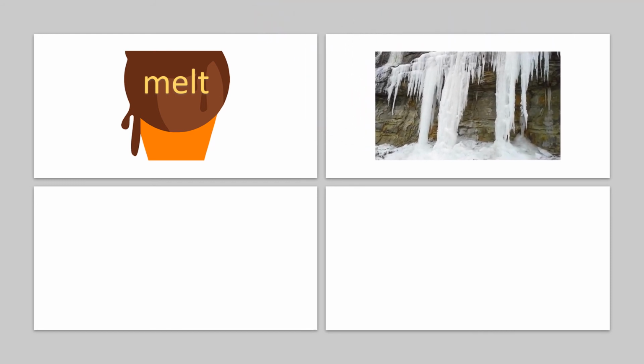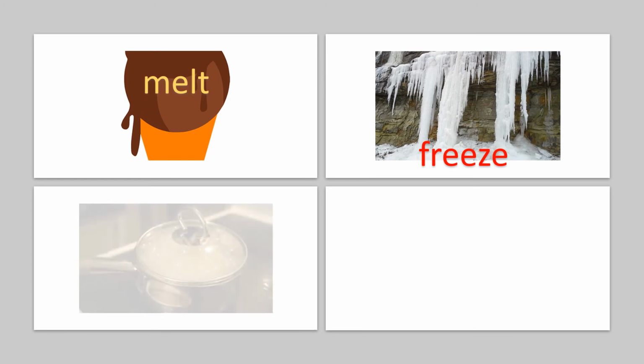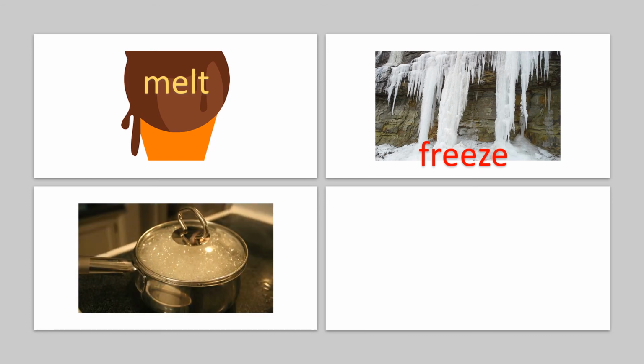Second picture. As you see, the water here is not moving because the weather is very cold. And what happened to the water? The verb here is freeze. A third word. As you see here, we put the water on fire for a long time.